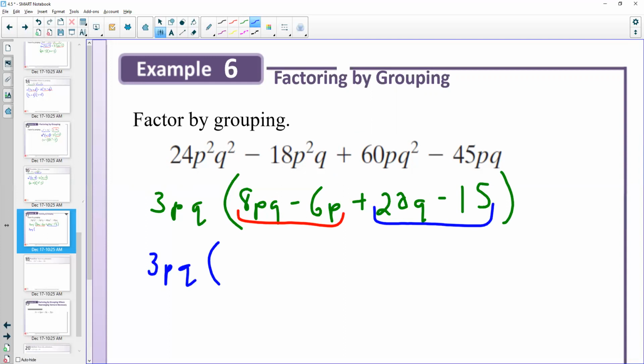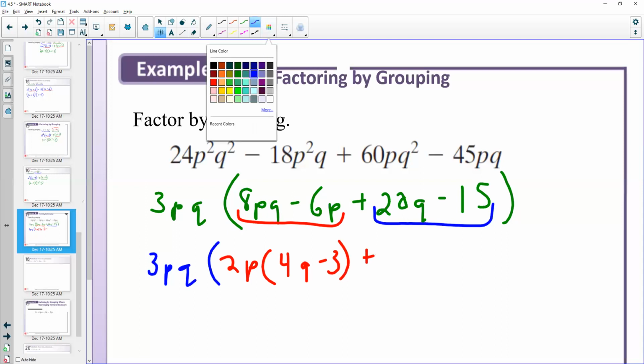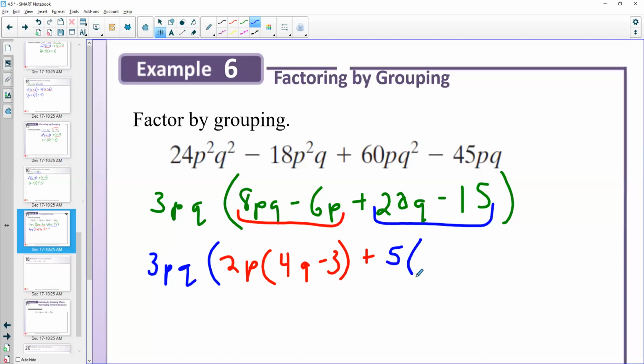I can pull out a 2 and a P. That gives me 4Q minus 3. Hopefully this will work. Plus, out of 20 and 15, I can pull out a 5, which gets me 4Q minus 3. Ta-da! All right, so this is my common term now, right? 3PQ here.